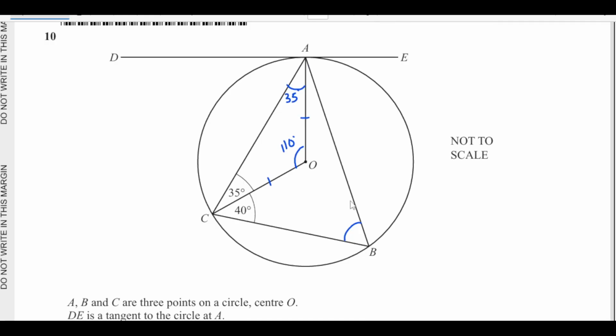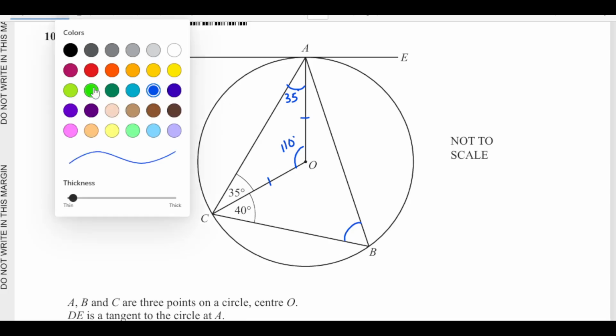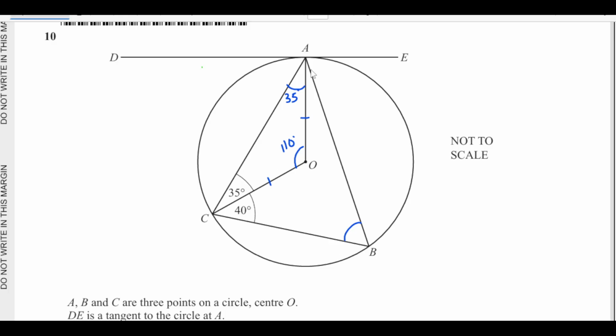Okay. So, now ABC. Now, you see the relationship here is, this is an arc AC, and these two angles, this one and this, they both are in the same arc.